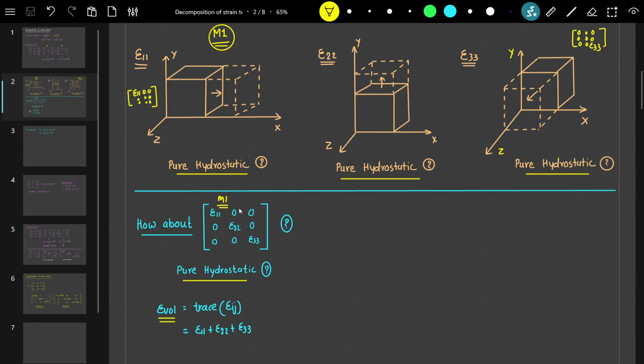Now, let's try to understand whether this strain tensor is pure hydrostatic or not. Let's take epsilon 1 1 is 0.5, epsilon 2 2 is 0.5, and let's say epsilon 3 3 is 1. So if I draw this, try to understand this visually.